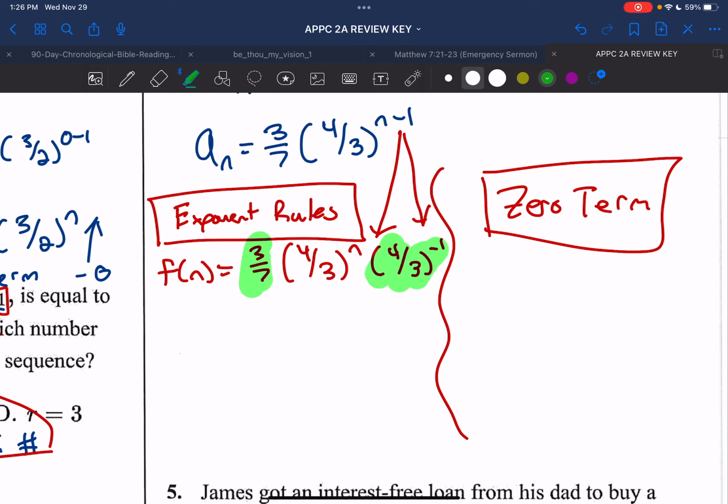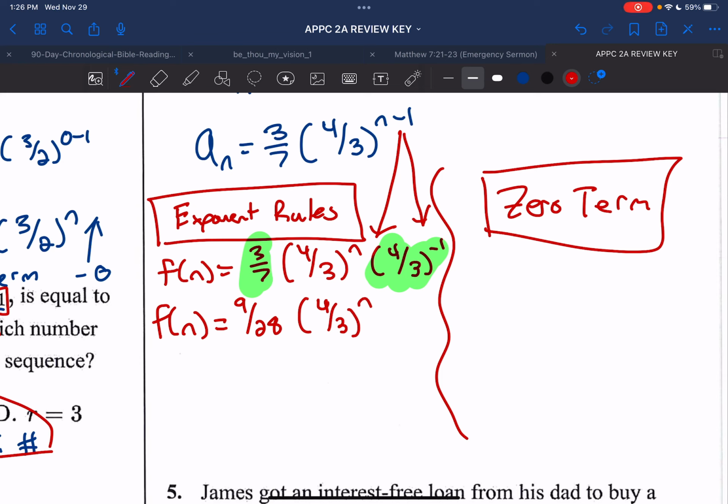So 3/7 times 4/3 to the -1. And that gives me, oh, forgot to switch back to my pen. That gives me my function f of n equals 9/28, and then 4/3 to the n.